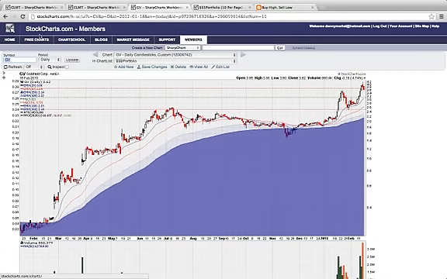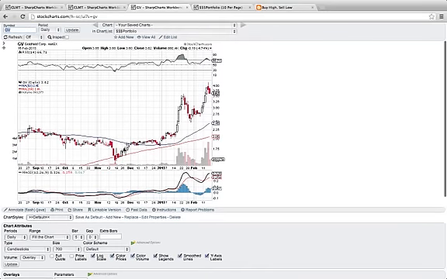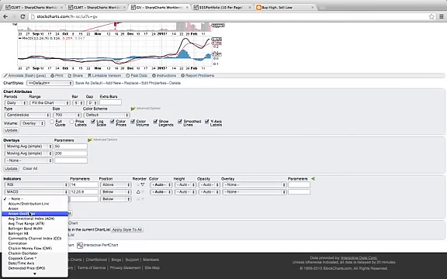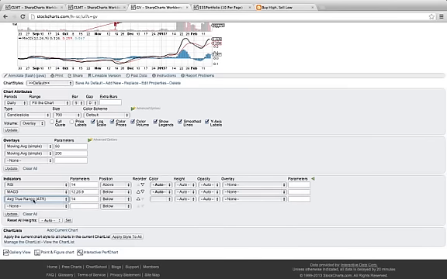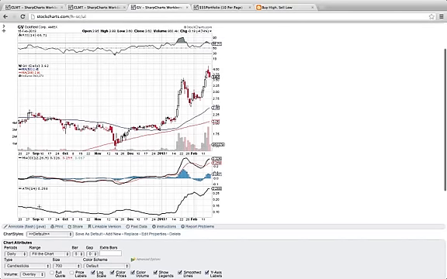But what you can do is you can go to stockcharts.com, click on free charts, if you're not a member, type in the symbol of the stock. You get a chart of the stock. Scroll to the bottom to where it says indicators. Then you can add the indicator average true range. So then average true range is one of your indicators. Click update. Then average true range is added to the bottom of the chart.